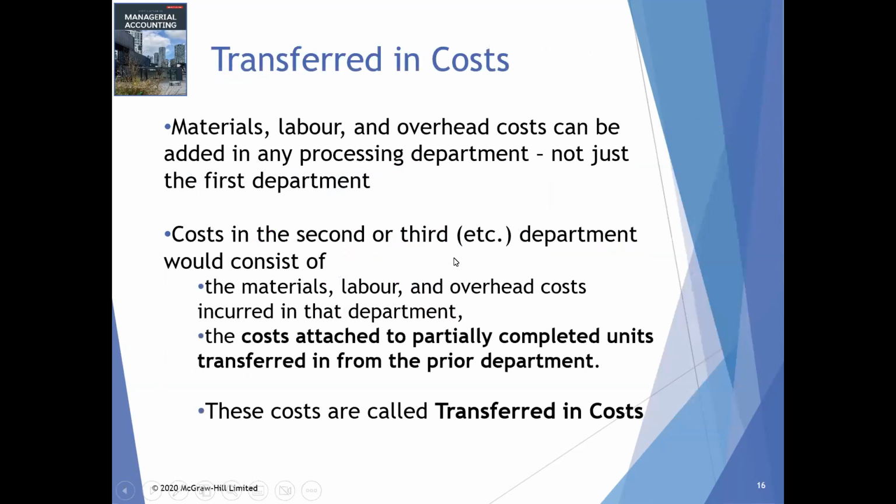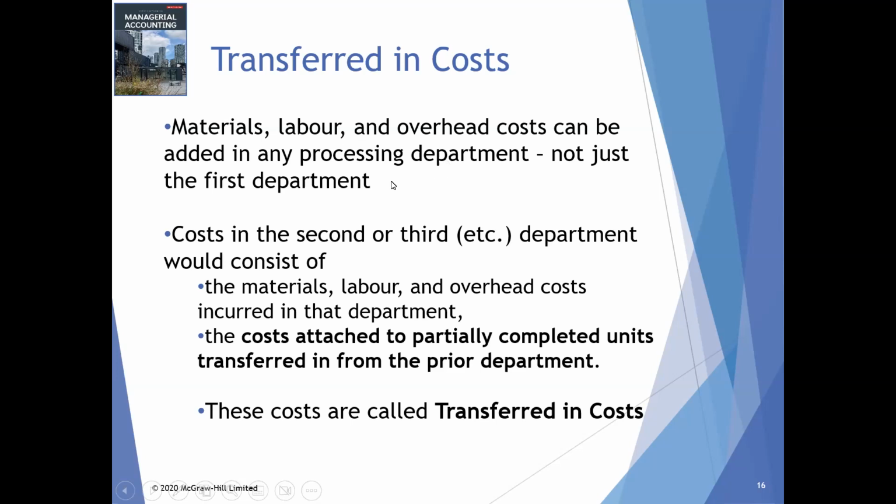Now, next we have transferred in cost. What is the meaning of transferred in cost? Material, labor, and overheads can be added in any process department. Okay, we know that there are a number of departments: first department, second department, and third department. Material can be used in any department.